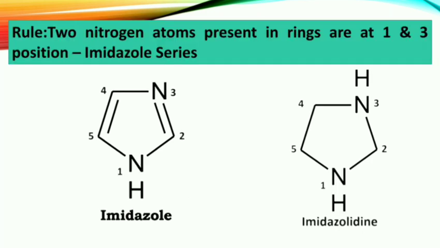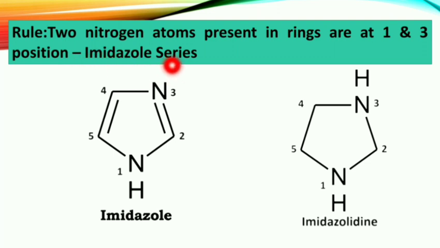Then see another rule. When two nitrogen atoms are present in the ring, an important point, and they are at the 1 and 3 positions, then these compounds are called the imidazole series.